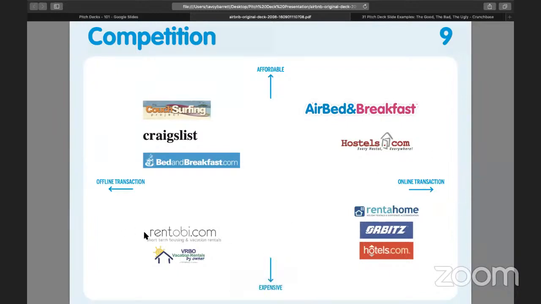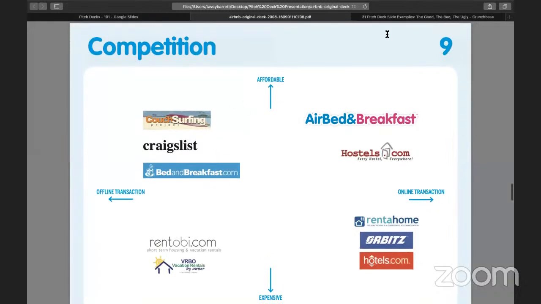When you look over here, rentobi.com is offline, but it's also expensive. Couchsurfing, Craigslist, bedandbreakfast.com, it's affordable, but it's also offline. So they really don't touch all the points of the problems that they had originally brought up.